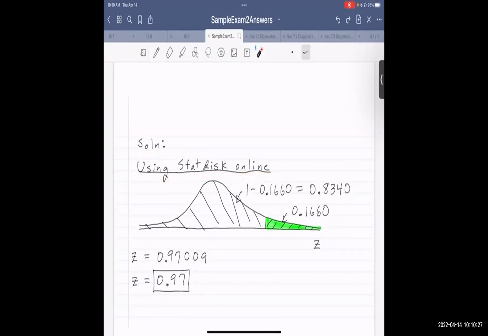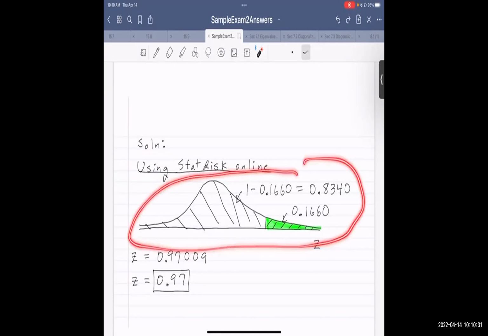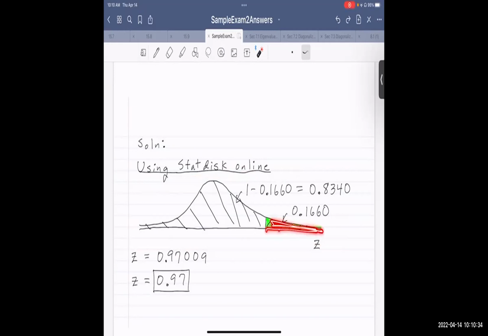We're trying to find the area of the right tail, and to do that, I'll do 1 minus 0.1660 by hand. And so I have here 0.8340.